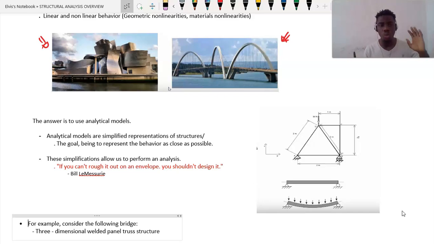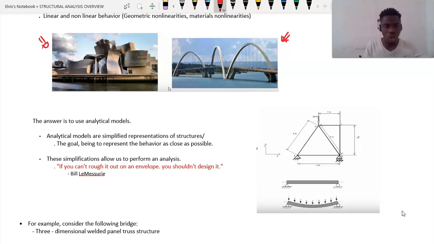Then we take a look at the behavior of this analytical model, so we try to predict the behavior of the structure using it. Doing this, we'll be able to get as close as possible to how the structure is going to behave.